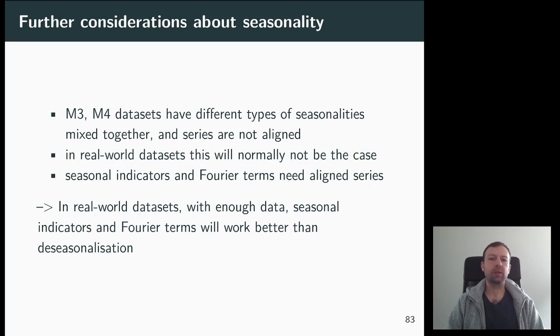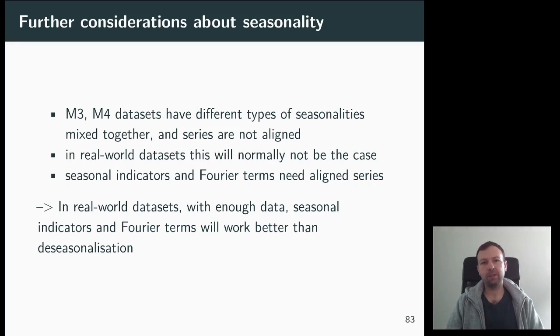But again, take into account that on something like the M4, you can't use Fourier terms, because the series are not aligned, they have all different start dates, different end dates. And the problem with M4 is you don't know these start and end dates. So you don't know how to align the series, so you can't have Fourier terms on a global level.